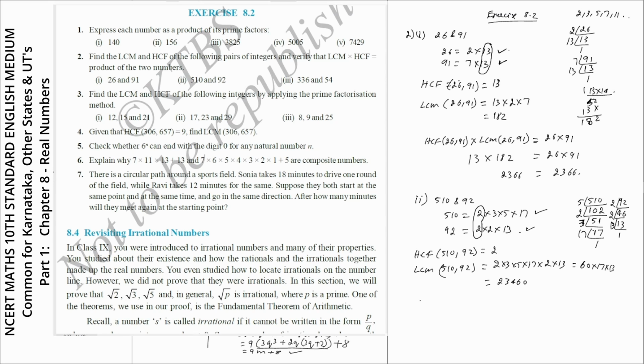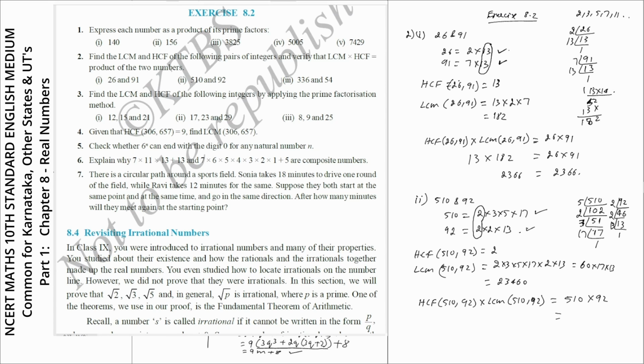Now I will multiply HCF into LCM. If I multiply, I should get the product of the numbers. The given numbers are 510 and 92.